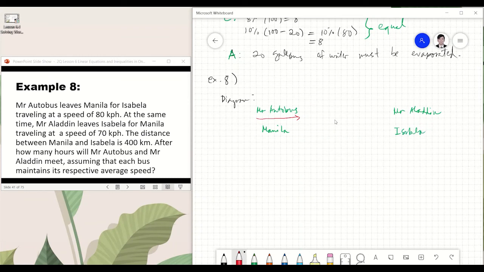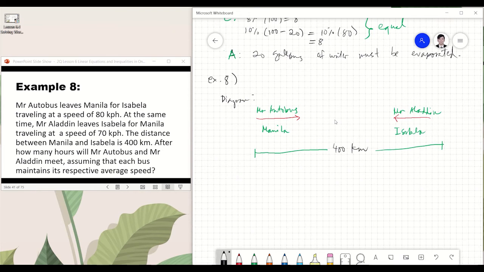So, let's say yung direction niya papunta sa left side kasi nandun si Manila. Yung si Mr. Autobus papunta sa Isabela. So, yung tanong ngayon, at what certain distance will they meet? Okay? So, yan yung hinahanap natin. Hindi pala yung distance. Anong oras sila mag-meet? Considering that, the distance from Manila, kung saan nagsimula si Mr. Autobus, papunta sa Isabela, kung saan naman nagsimula si Aladdin, that's 400 kilometers.